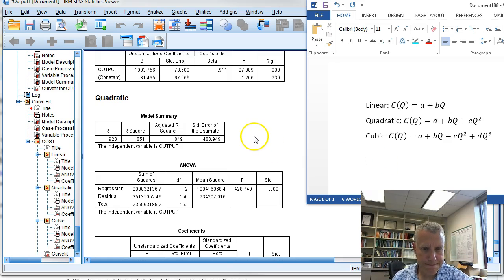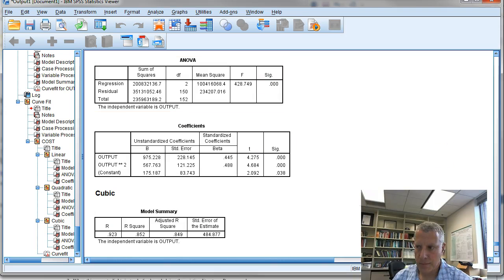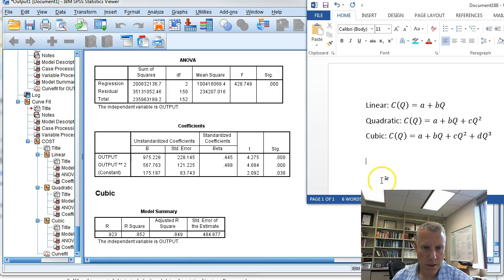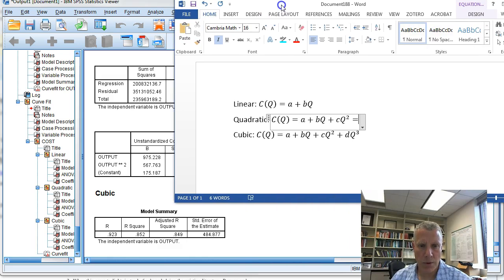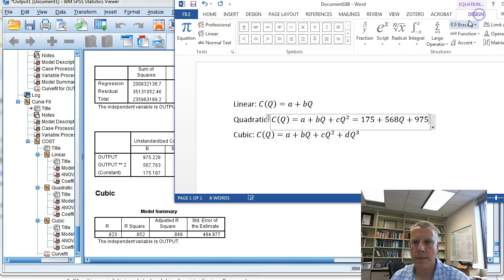So for the quadratic, when we've estimated the model with regression coefficients, then A is equal to 175, B is equal to 568 times Q, and then C is equal to 975 times Q squared.